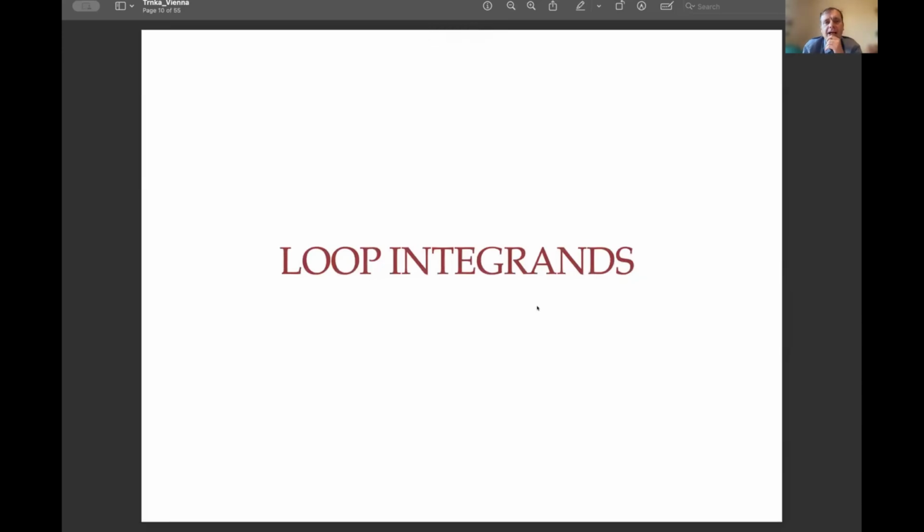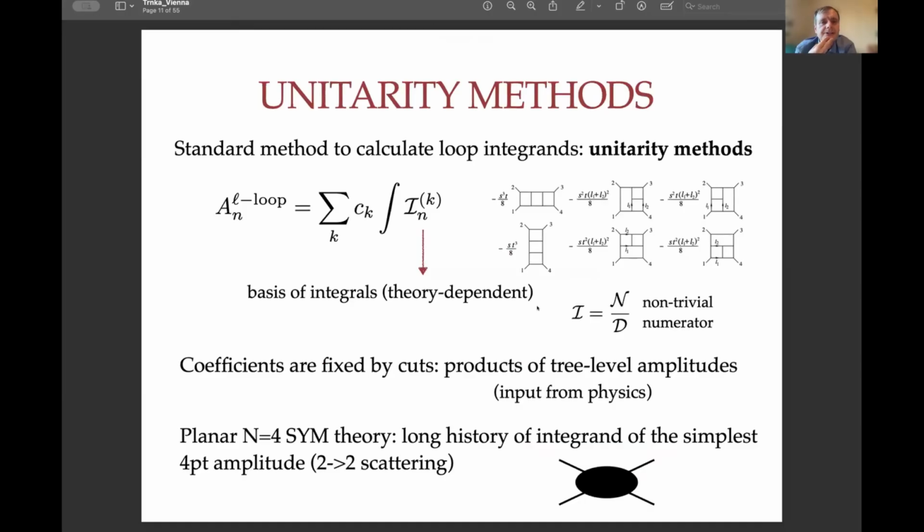Okay, so now let's first discuss the loop integrands. The standard methods to calculate loop integrands are the method of Feynman diagrams, but in our context, we will also use the unitarity methods, which we take as a standard method from our point of view.